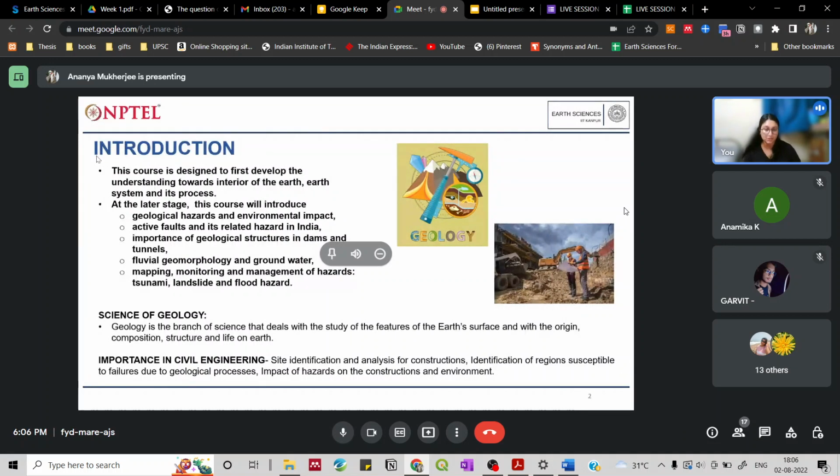As I mentioned before, geology and Earth systems are important for your civil engineering construction projects, and for understanding how certain regions that are susceptible to failures due to faults or different kinds of hazards are going to affect your property there.